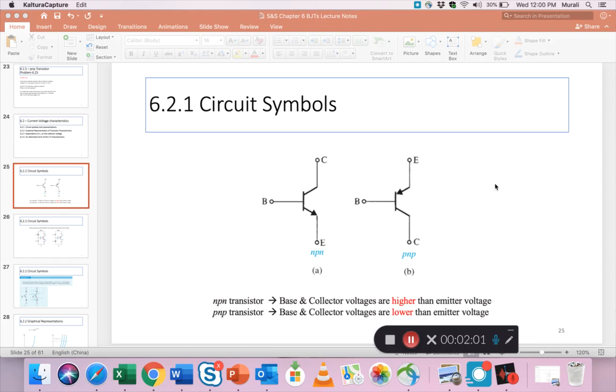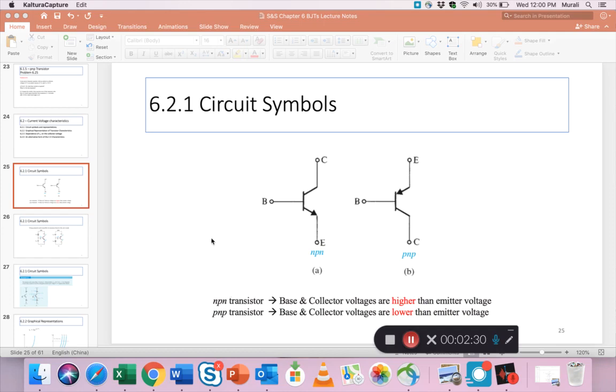Also, the reason we draw it with the collector on top for the NPN and the emitter on top for the PNP is because of this reason at the bottom. For an NPN transistor, the base and collector voltages are always higher than the emitter voltage. Remember, the emitter generally gets grounded, and then all the other voltages are with respect to the emitter.